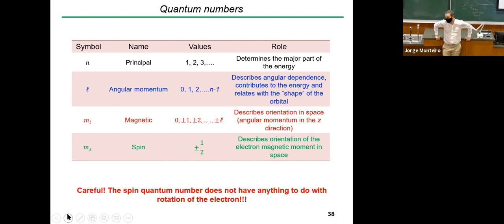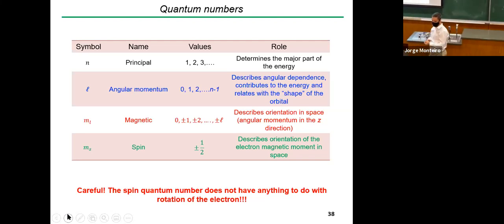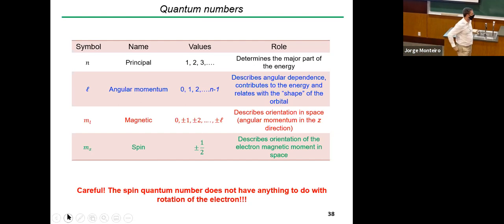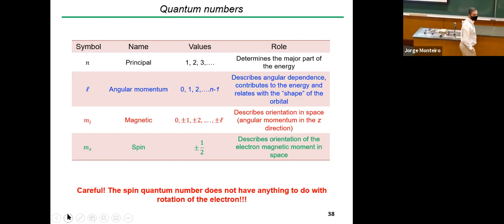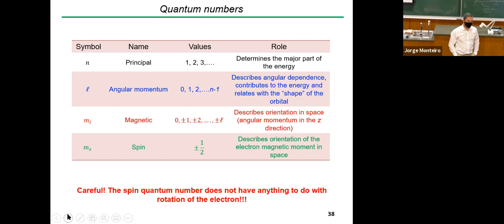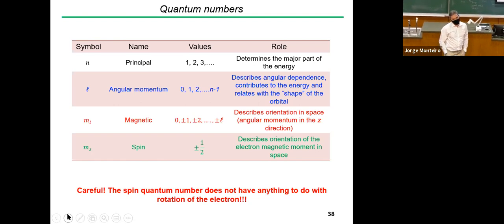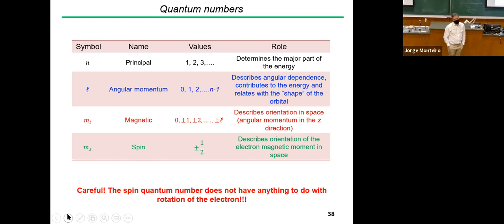How did you figure out how many angular nodes there were using L? The number of angular nodes equals L, just L, and we determine the value of L based on the orbital. L for s is 0, so an s orbital does not have any angular nodes.